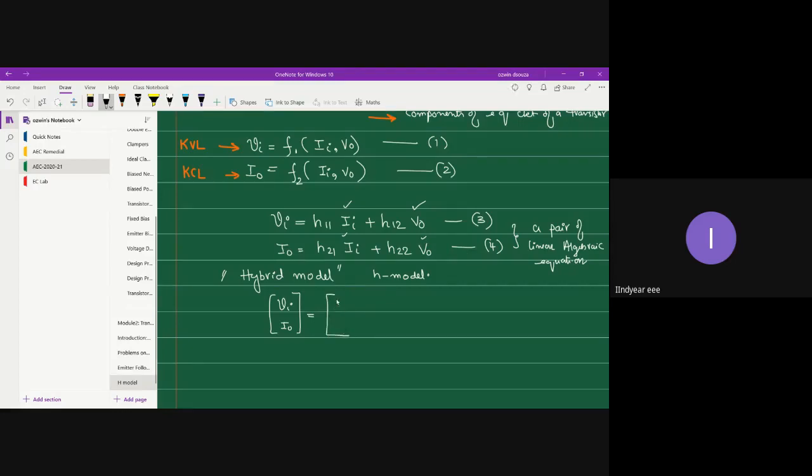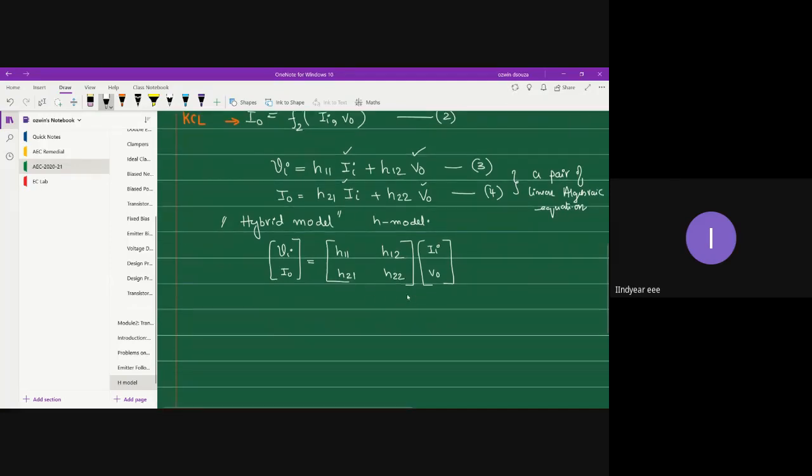If I do that, I get a square matrix which consists of only the H parameters. We do not know what they are, don't worry, we are going to find out. And the column matrix, which is Ii and V naught. So this square matrix is basically a 2 cross 2 matrix.